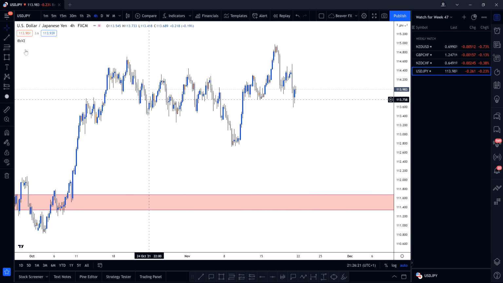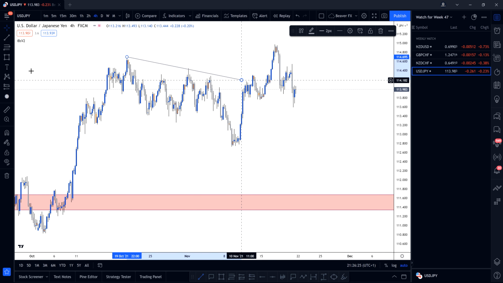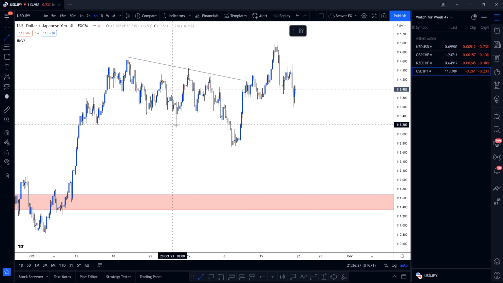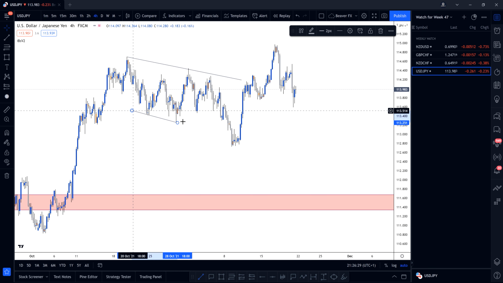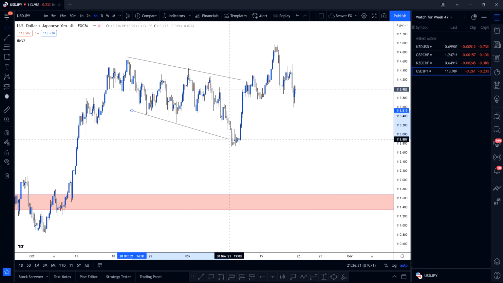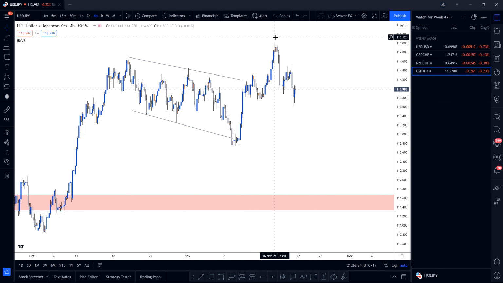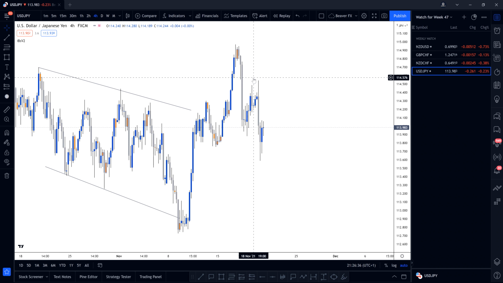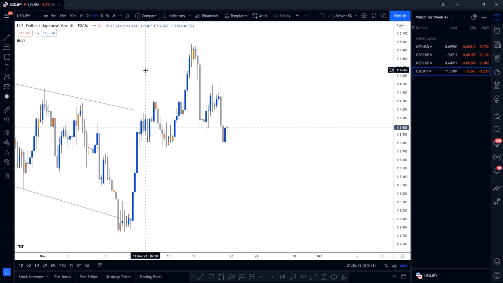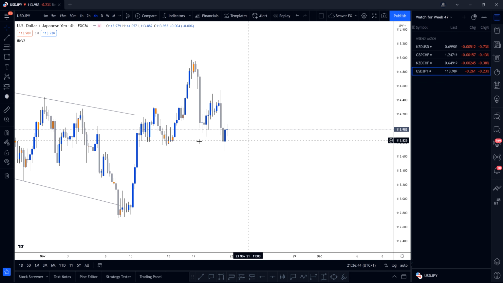But let's come to the forward time frame and let's see. We had this downtrend here. We broke through, and as you can see, we broke through here.